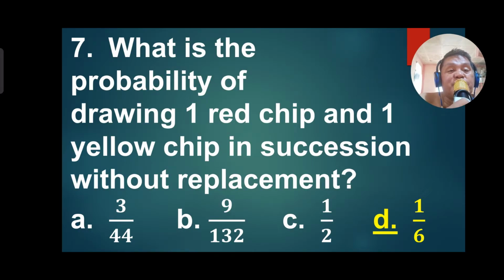What is the probability of drawing 1 red chip and 1 yellow chip in succession without replacement? We have letter A, 3/44, B, 9/132, C is equal to 1/2, and letter D, we have 1/6. The probable answer here is letter D, 1/6.